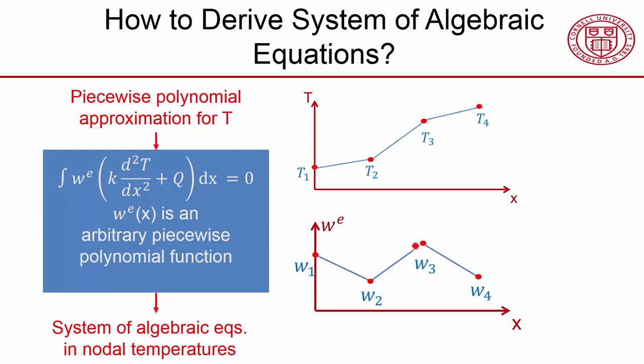So we assign values for the weights at the nodes, and then we just do a linear interpolation. And if we plug these two shapes in here, out will pop our algebraic equations, and we'll get the number of algebraic equations that we need to determine the nodal temperatures, and we'll take a look at that.